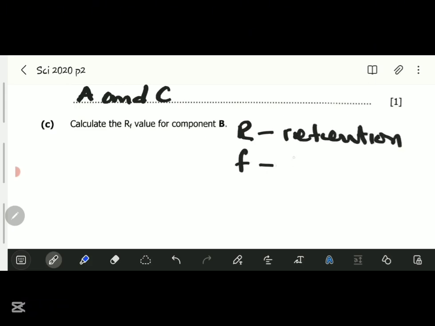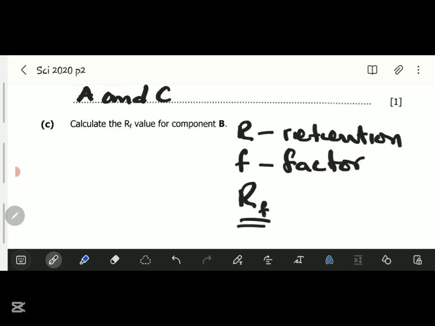F, factor. So RF value is the retention factor value. And one of the things we should always know about the RF, so RF is written as R and subscript F.